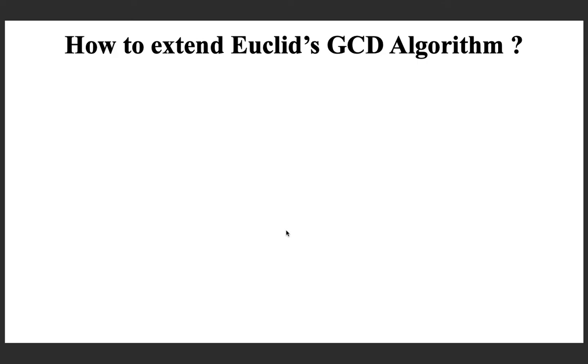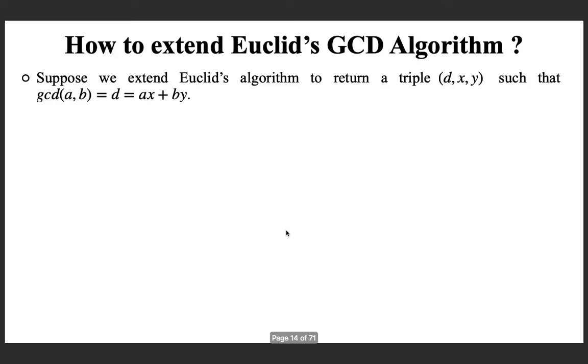Now, how do we extend Euclid's algorithm to find the values of x and y? Suppose we extend it to return a triple d, x, y.